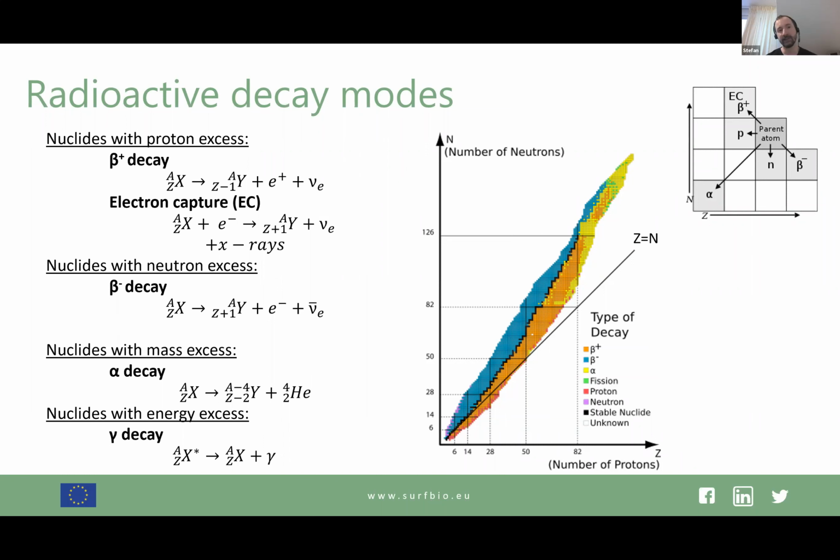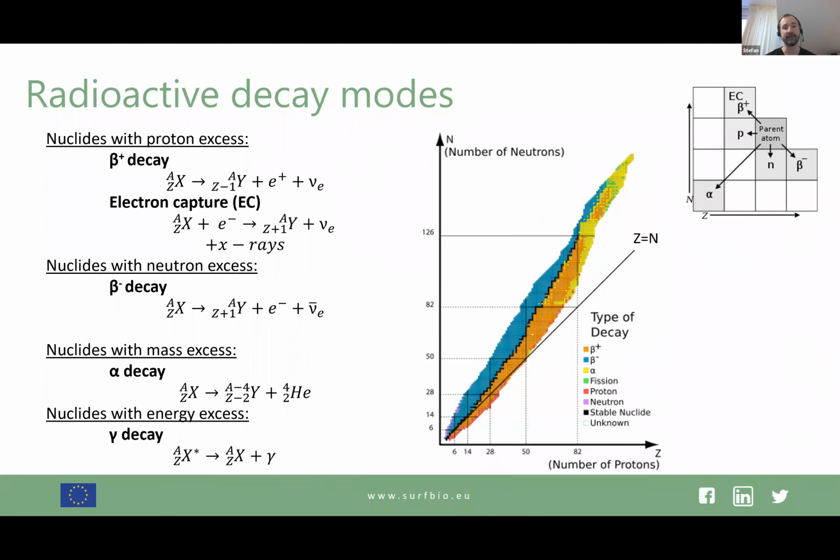You can have different decay modes depending on the state of the radionuclide. You have nuclides with proton excess that can undergo beta plus decay, which is the emission of a positron, or they can do electron capture.